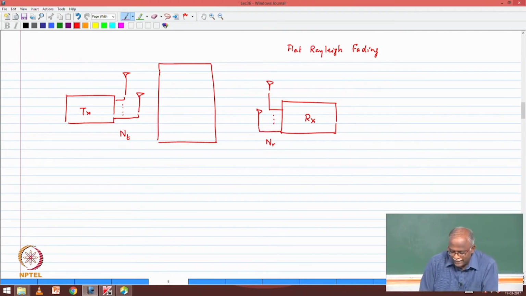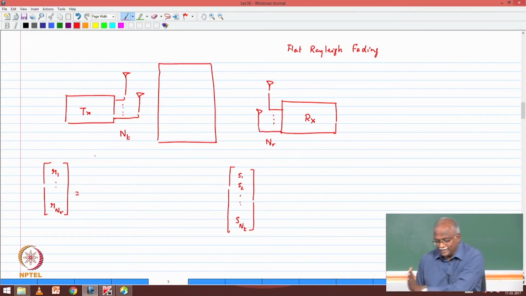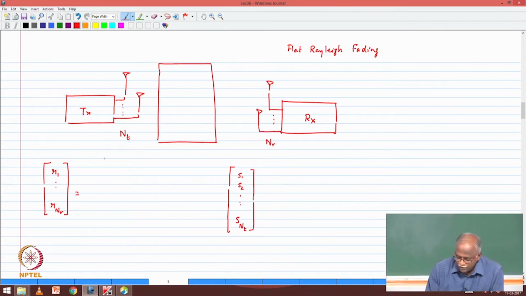If I were to write it in matrix form, the transmitted signals from the different NT antennas would be S1, S2, dot dot dot, S of NT, and I would pick up NR received signals R1 to RNR. So, NT inputs, NR outputs.